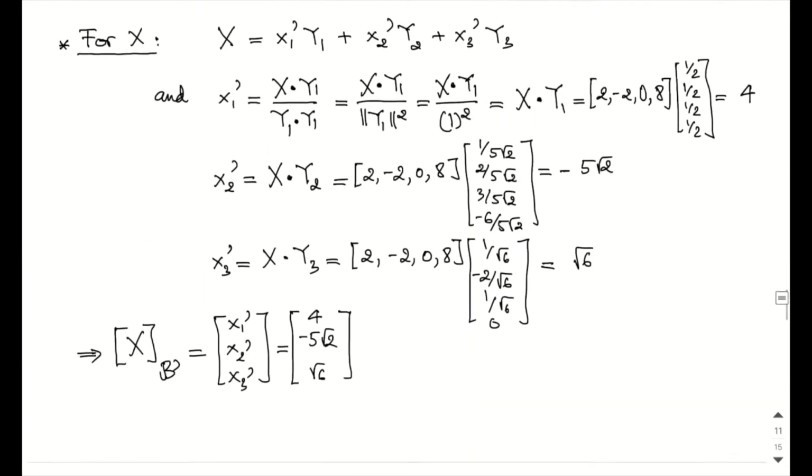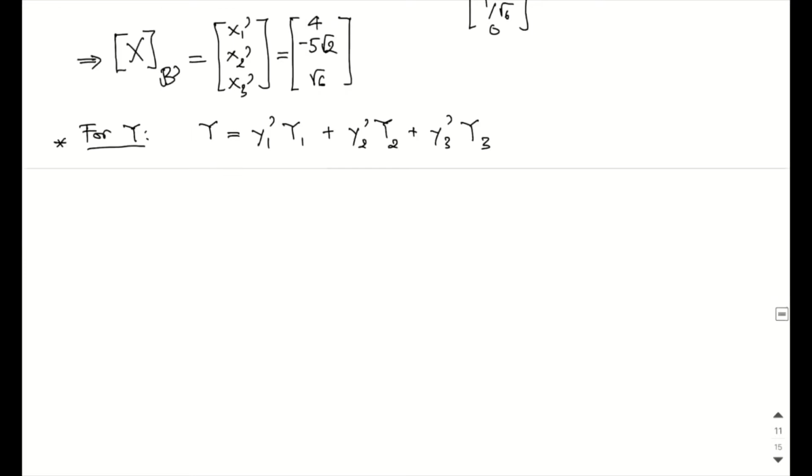Then we repeat this process for y. We compute the y1 prime. We know that that's going to be, by theorem 6.4, the vector we want to compute the coordinate dot with the first vector in the basis divided by the first vector in the basis dot itself. But again, as I said, this is going to be y dot y1 over 1 squared, right?